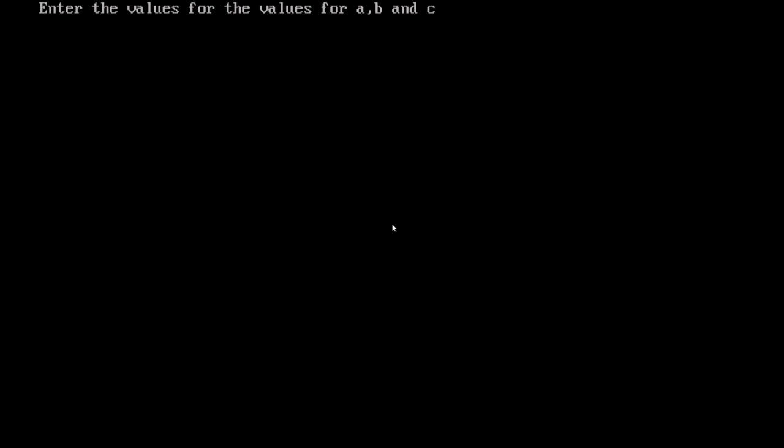The value of A that I'm entering here is 1, for the value of B I'm typing 4, and for the C value I'm typing 2. Now see the roots of the equation. The roots of the equation are 0 and minus 3.